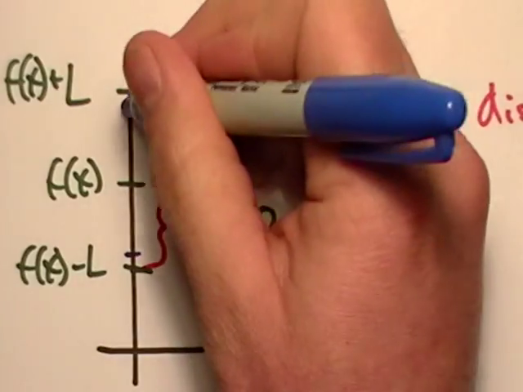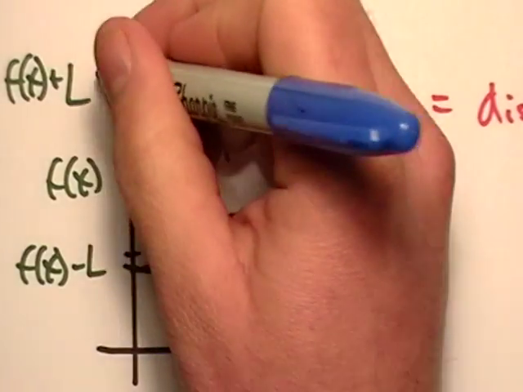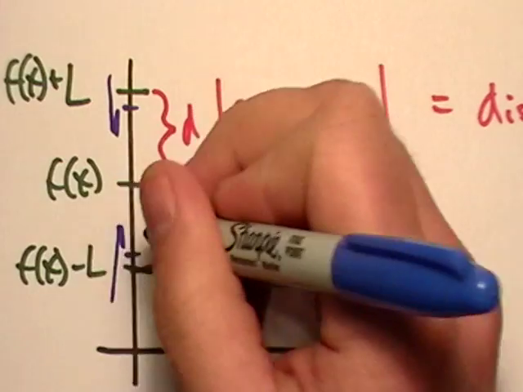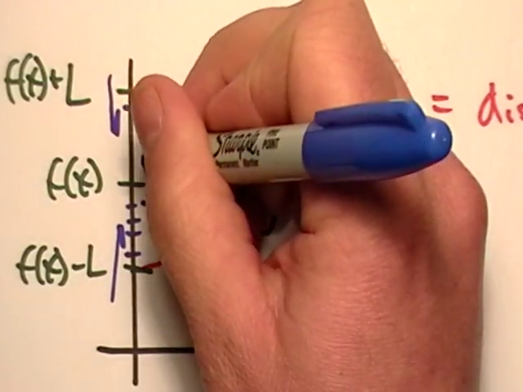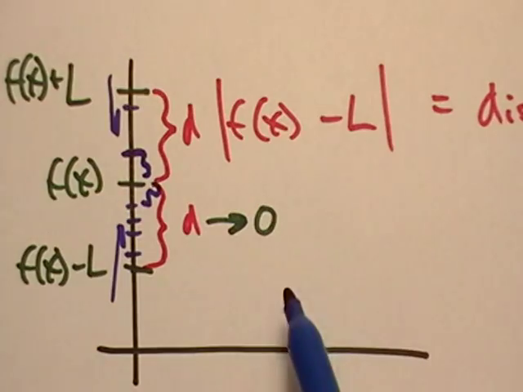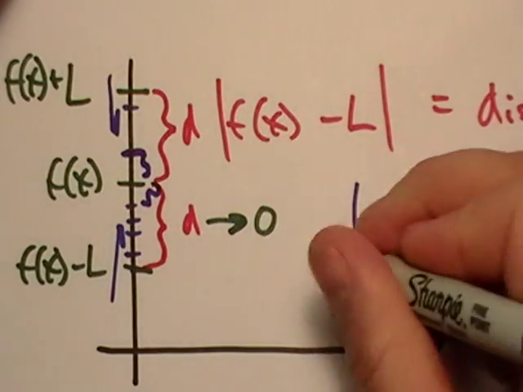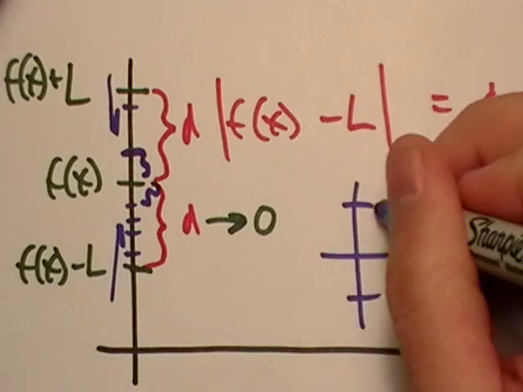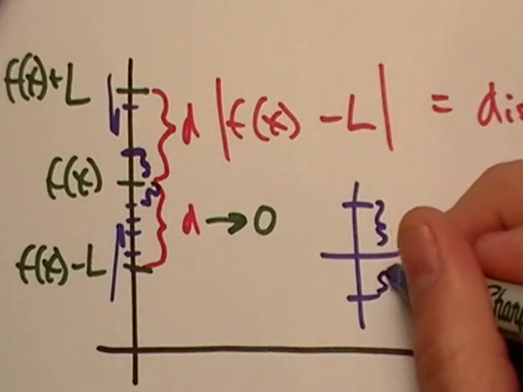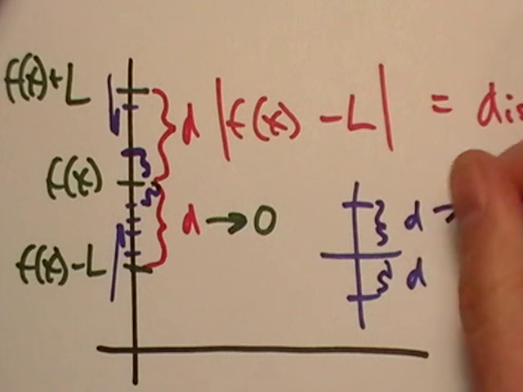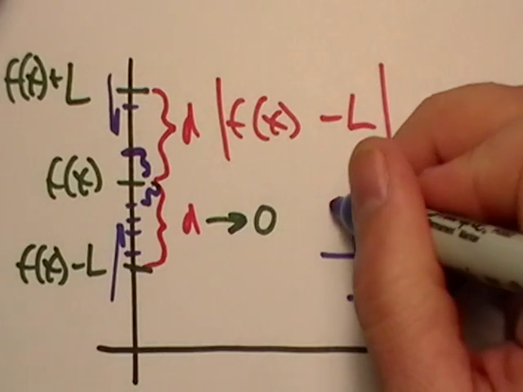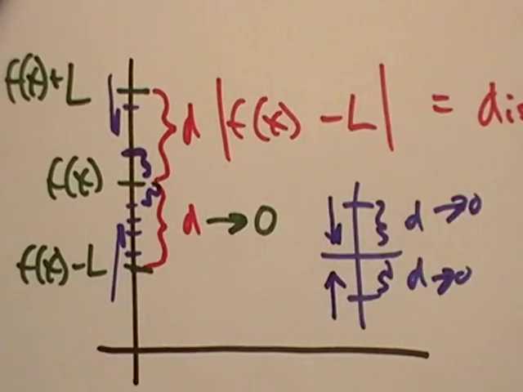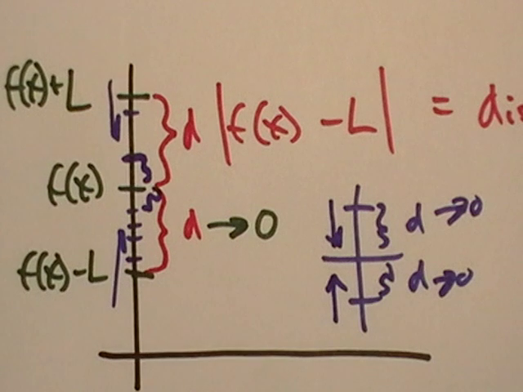As d goes to 0, this starts getting closer and closer, doesn't it? d is getting smaller and smaller. Now here's my new d. It's getting smaller and smaller. See what's happening? Here's a zoom in right here. Here's d, and it's approaching 0. So little by little, we're narrowing the gap there. That's another thing you need to be aware of.